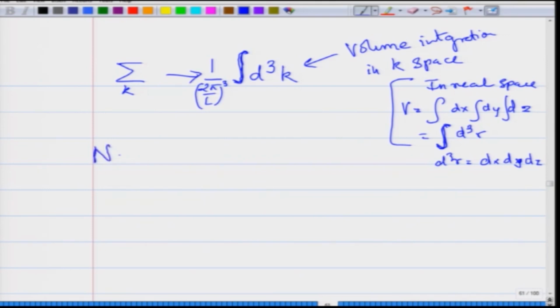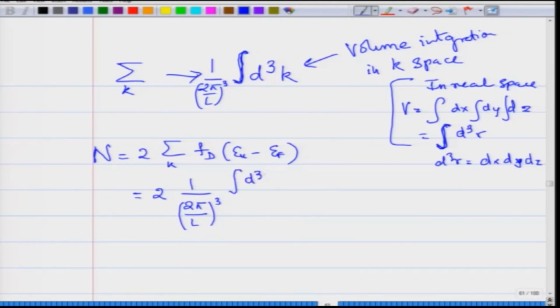Hence, this N, which was twice the summation over k of the Fermi Dirac distribution of Ek minus Ef, can be rewritten as twice 1 by 2 pi by L, the whole cube, integral d cube k of the Fermi Dirac distribution of Ek minus Ef. I am doing all the calculations at temperature T equal to 0 Kelvin.